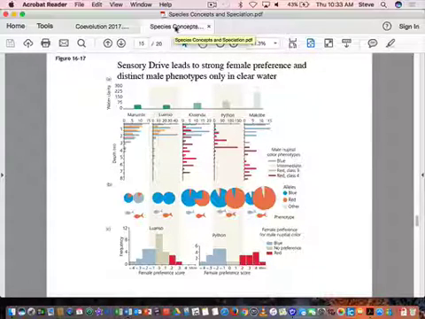And it turns out when you take a female from these different populations and give her a choice, and she's from up in here, guess what she prefers? Which kind of males? She always prefers the blue males. You take a female from this population down in here and give her a choice between a red and a blue male, guess who she prefers to mate with?